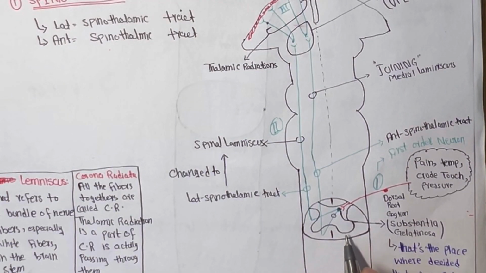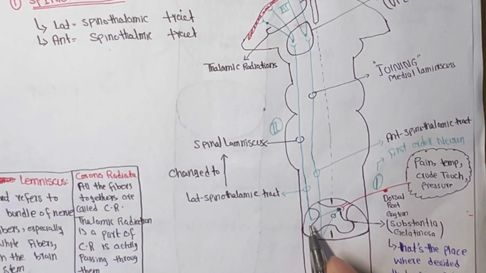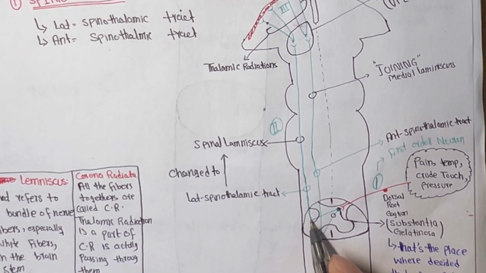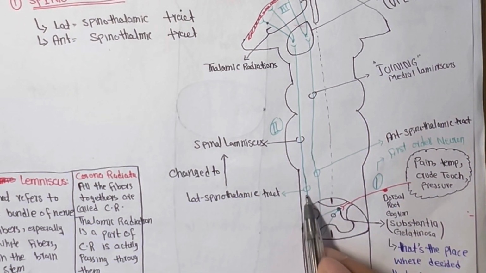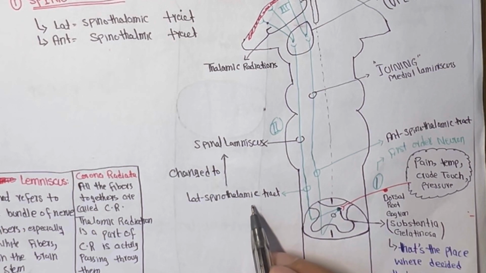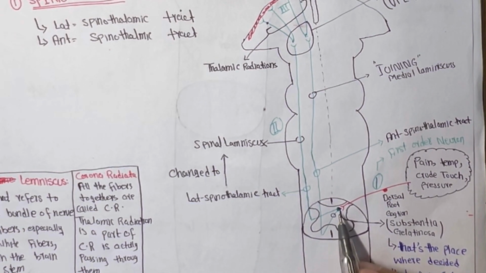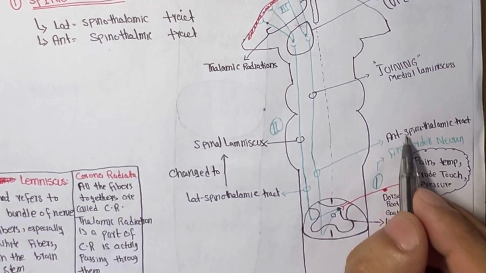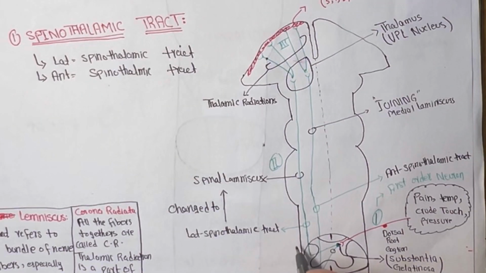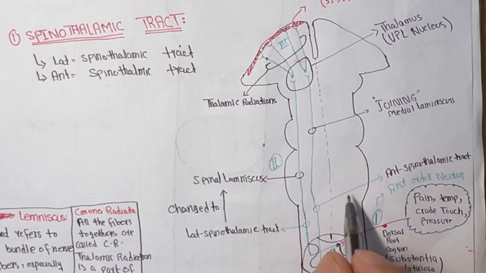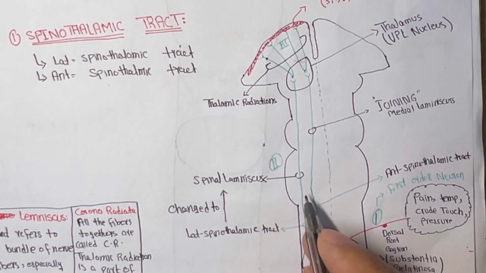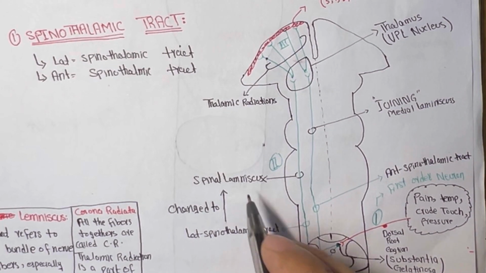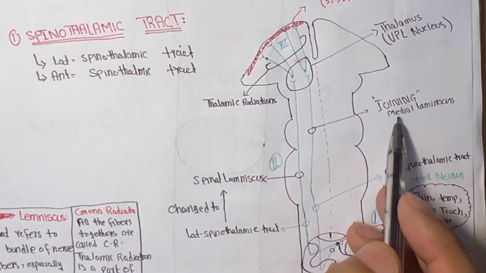From this junction, one nerve goes laterally and then ascends. This is called the lateral spinothalamic tract. From this junction, another nerve goes anteriorly, so obviously this is called the anterior spinothalamic tract. As the lateral and anterior spinothalamic tracts enter the medulla oblongata, the name changes to spinal lemniscus, which joins the medial lemniscus.